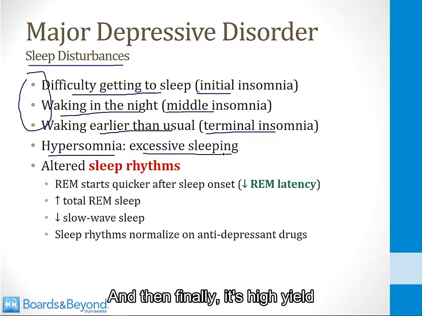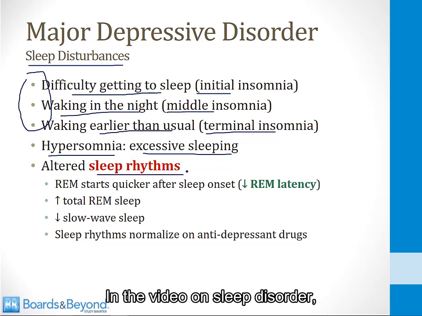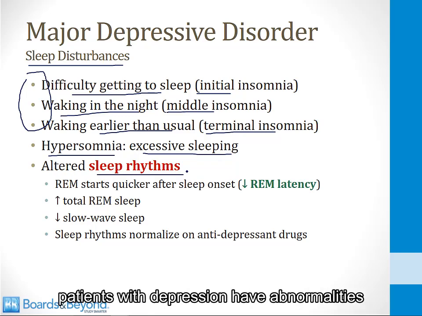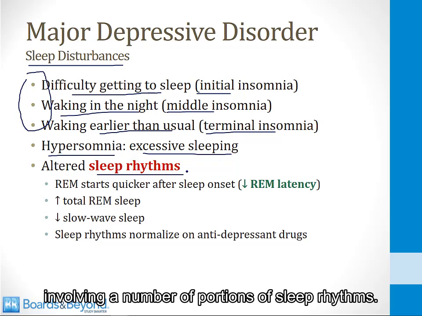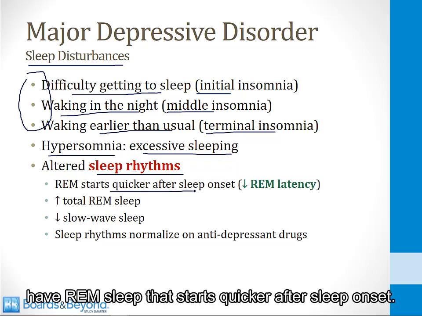And then finally, it's high yield to know for step one of your boards that patients with depression have altered sleep rhythms. In the video on sleep disorder, I talk in detail about normal sleep rhythms. Patients with depression have abnormalities involving a number of portions of sleep rhythms. First of all, patients who have depression have REM sleep that starts quicker after sleep onset.